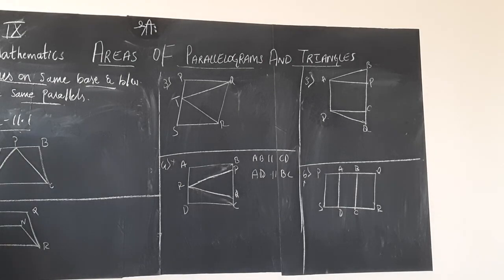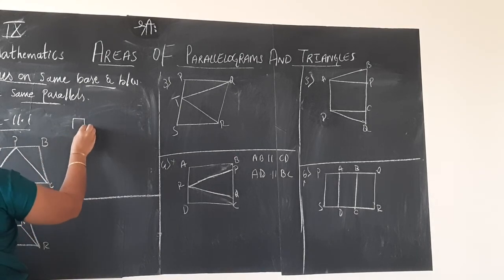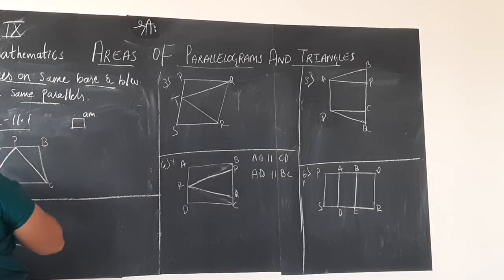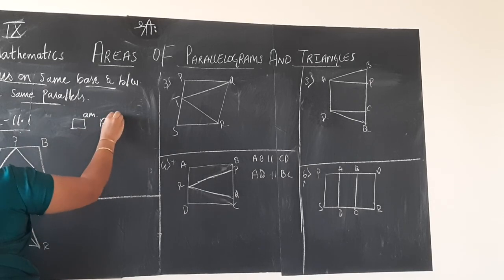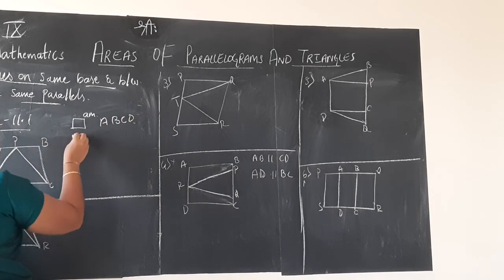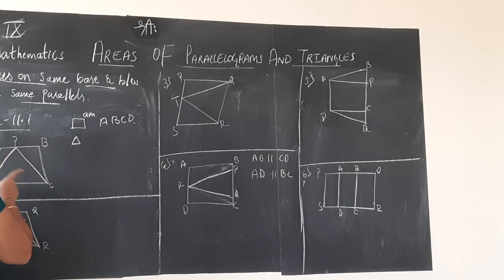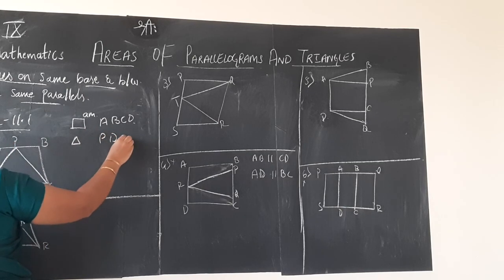So it is not necessary that it must be a parallelogram inside a parallelogram, or a triangle inside a triangle. There is no such rule. For any 2 figures with a planar region, we should see whether they are standing on the same base or not. Now we find there is one parallelogram ABCD and one triangle PDC.